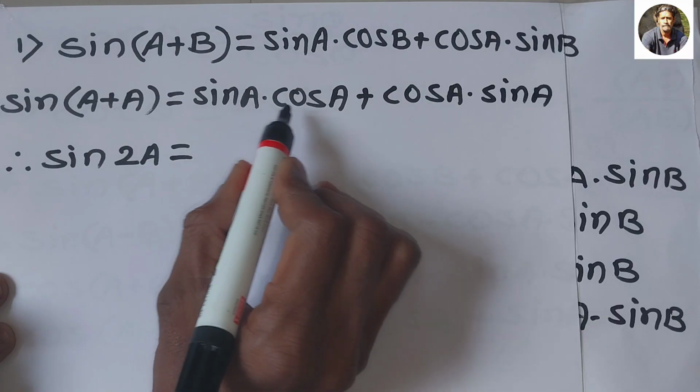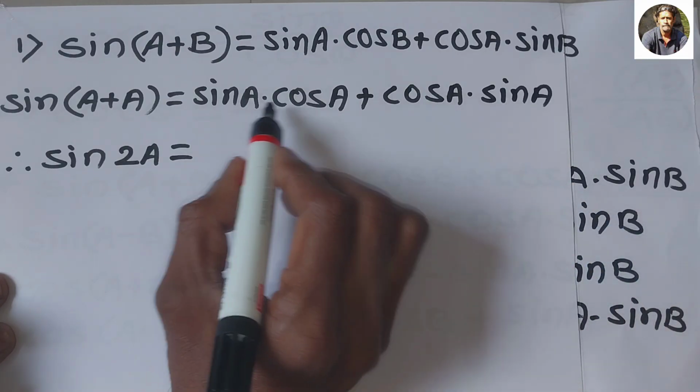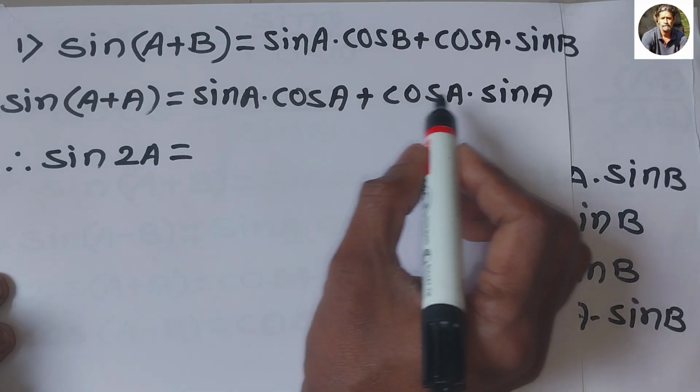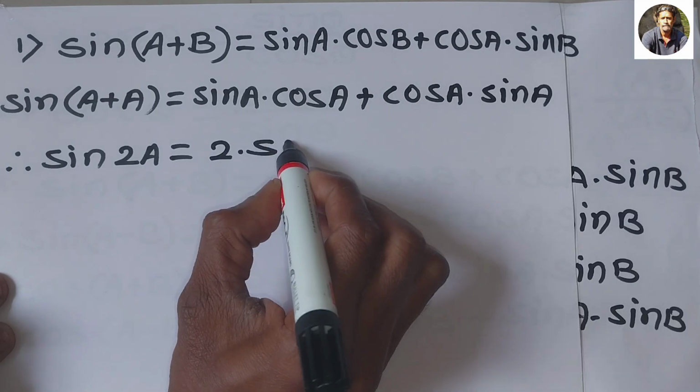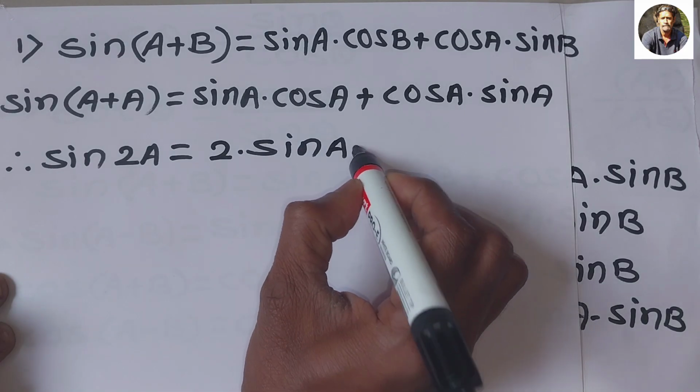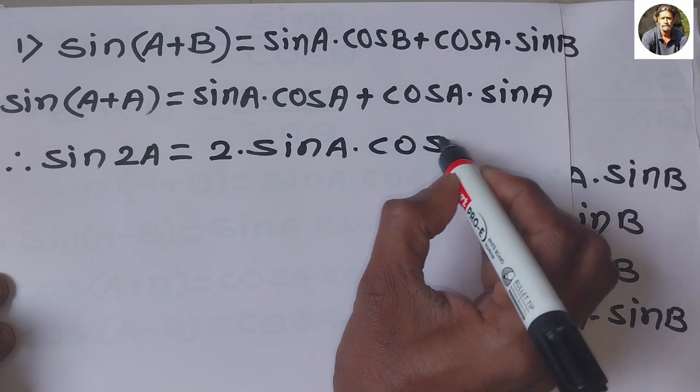Now sin A cos A plus sin A cos A means 2 sin A into cos A.